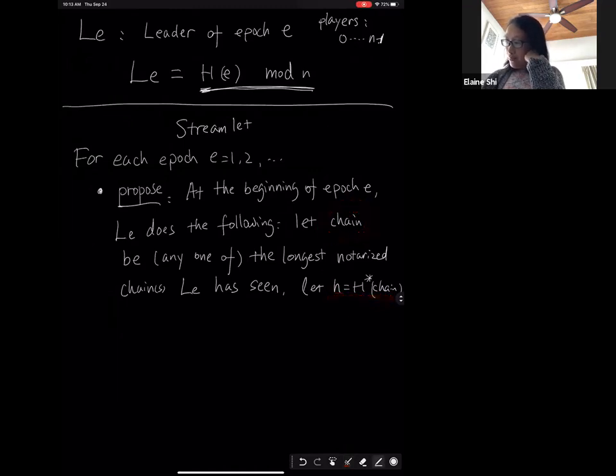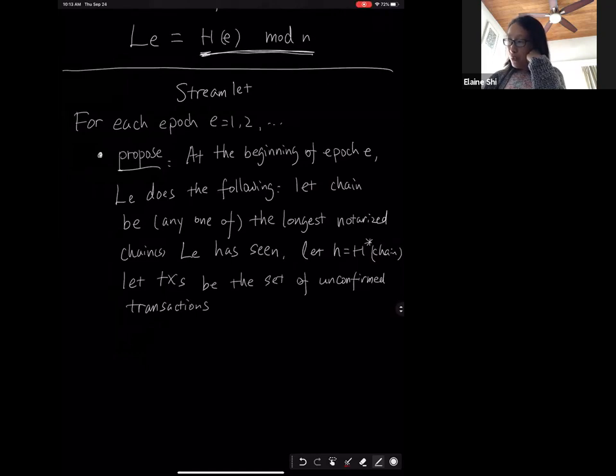Now let TX be the set of unconfirmed transactions. These are the transactions I want to put in the block. So I will sign a new block extending from the parent chain, denoted chain, and I will send the proposal to everyone.